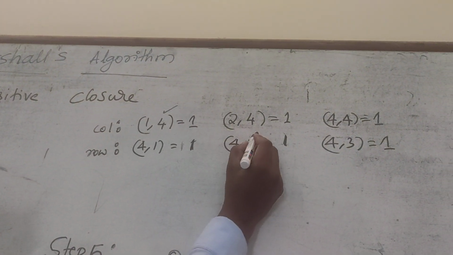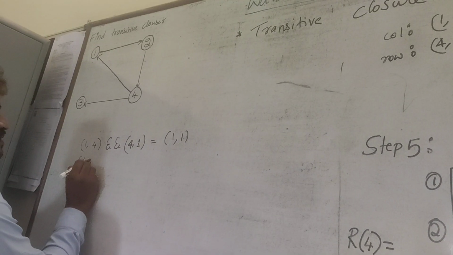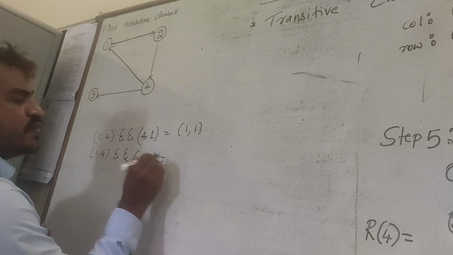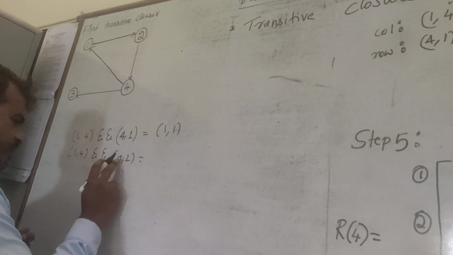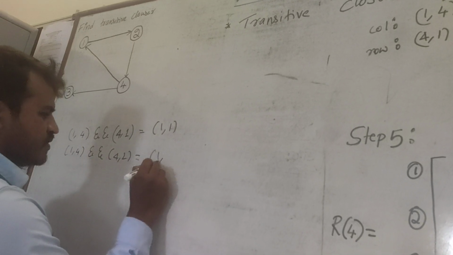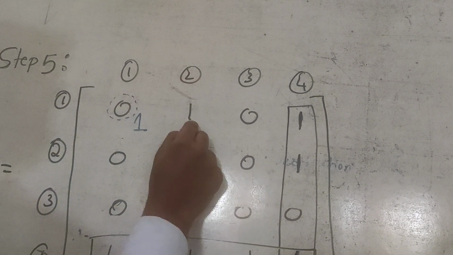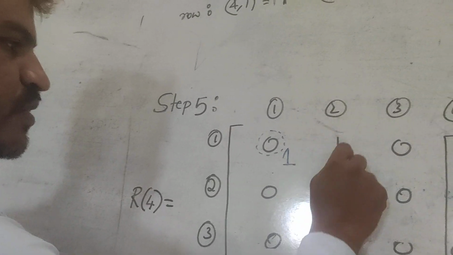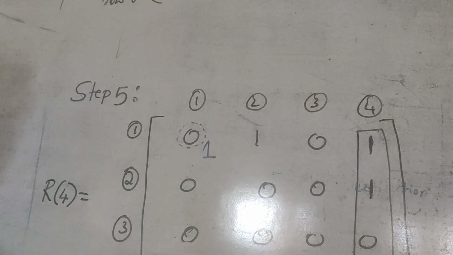1 to 4 and 4 to 2. Then we say there is a path 1 to 2. See, 1 to 2 is already 1, so no need to replace or change it.